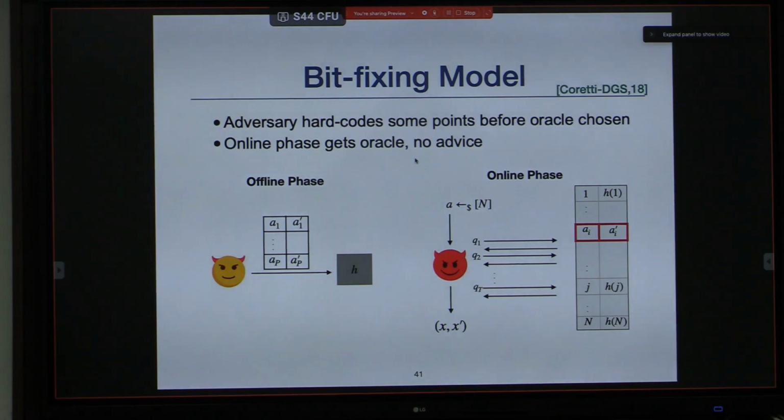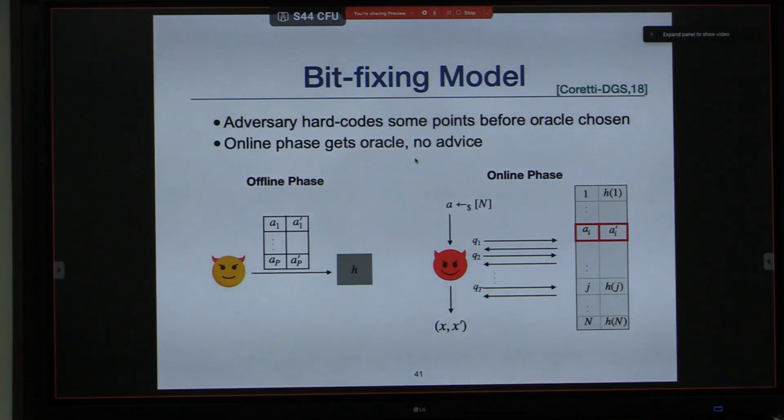So basically, now H is fixed on those points. Then in the online phase, the adversary has to find a collision, and the compression function under attack is restricted to these P points, so it has to respect the P points that the adversary fixed in the offline stage. Except for these P points, it's random on all the other points.